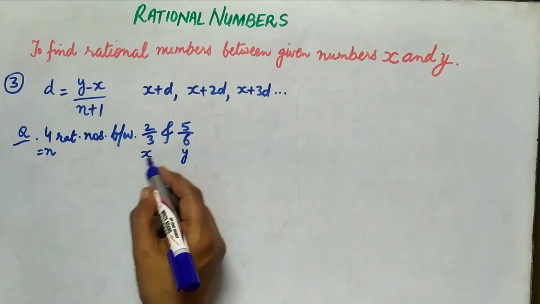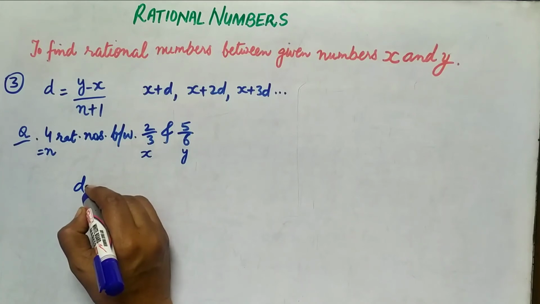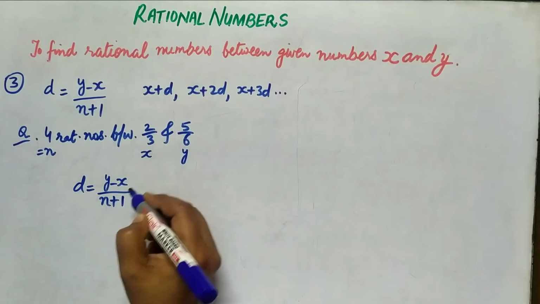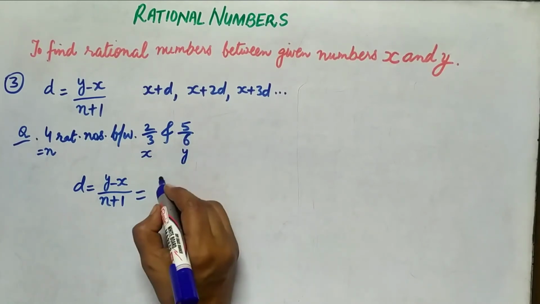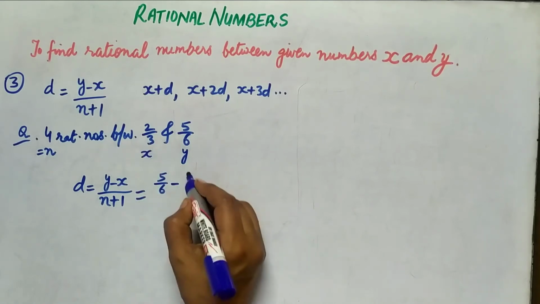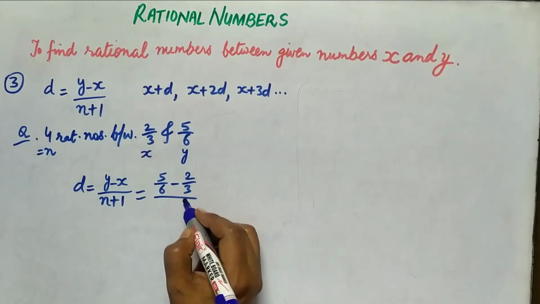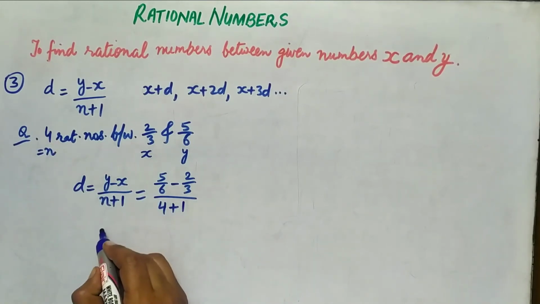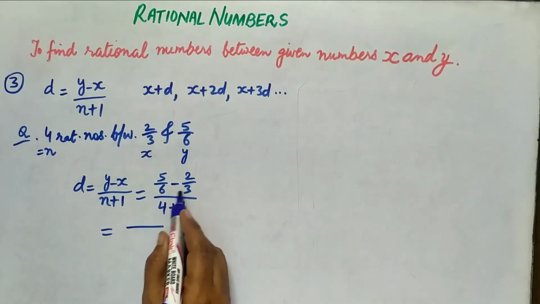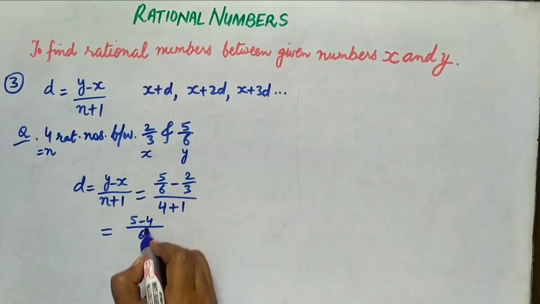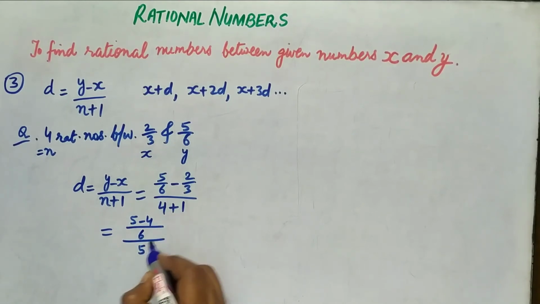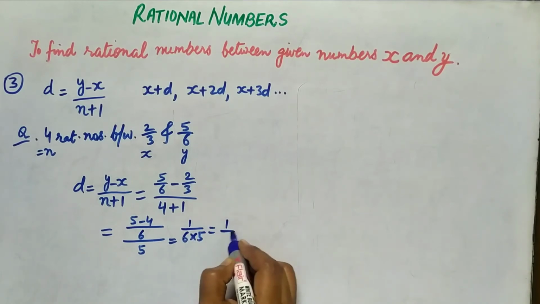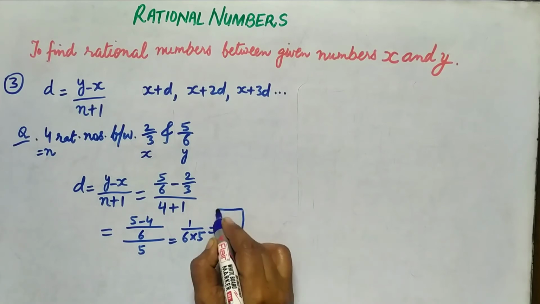Then first we calculate d. d is equal to y minus x upon n plus 1. That is y, 5 by 6, minus x, 2 by 3, upon n, the numbers, plus 1 by the formula. Doing the calculations, 6 and 3 LCM 6, 5 minus 4 upon 4 plus 1, 5. It is 1 by 6 into 5, that is 1 by 30. It is our d.